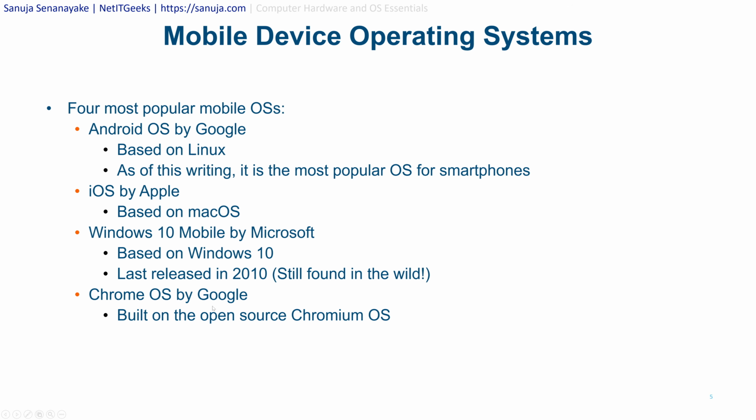So Chrome OS is very similar to Android OS in a sense that both are based on Linux, even though they are completely different operating systems, and they are both open source, as opposed to Apple iOS and Windows 10 Mobile, which are both closed source operating systems.